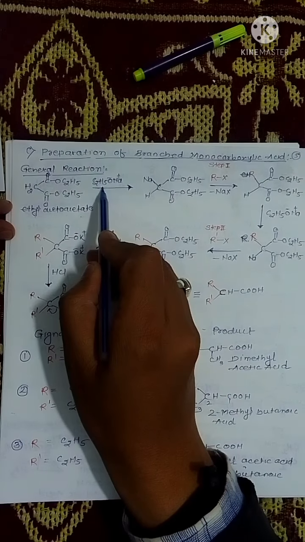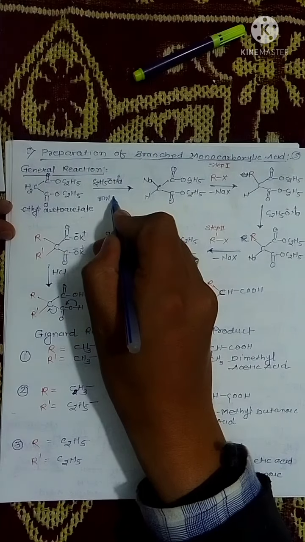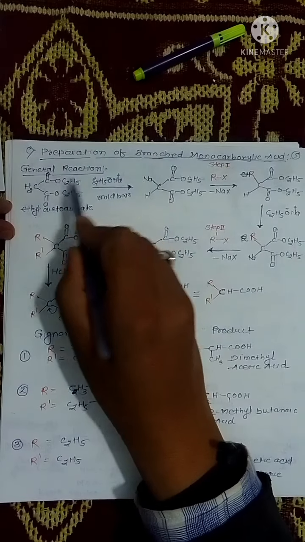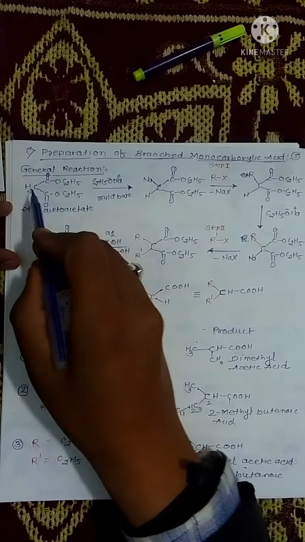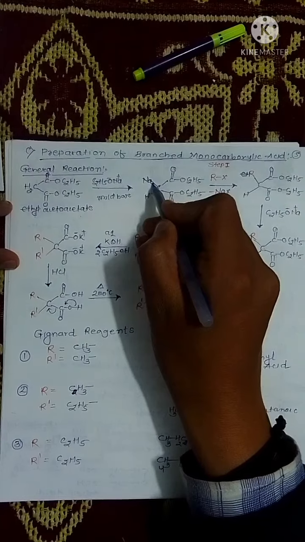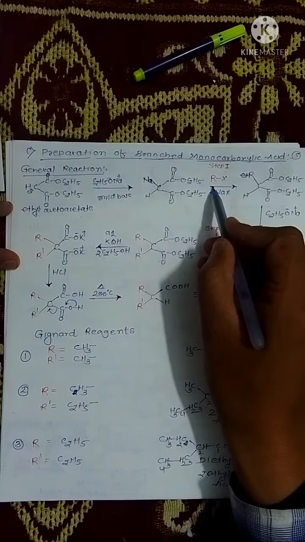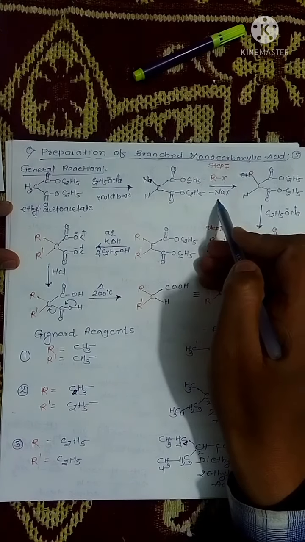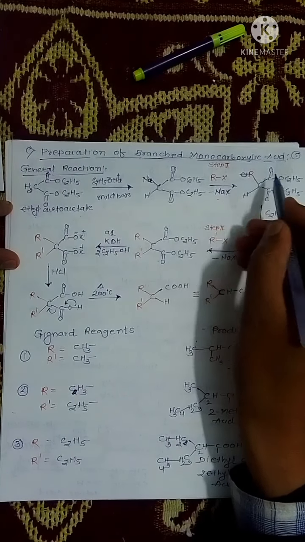So when it is treated with sodium ethoxide, which is a mild base, it takes away a proton from the active methylene group, and one of the hydrogens is replaced by a sodium atom. In the next step, if we add alkyl halide, NaX goes out and R is substituted.